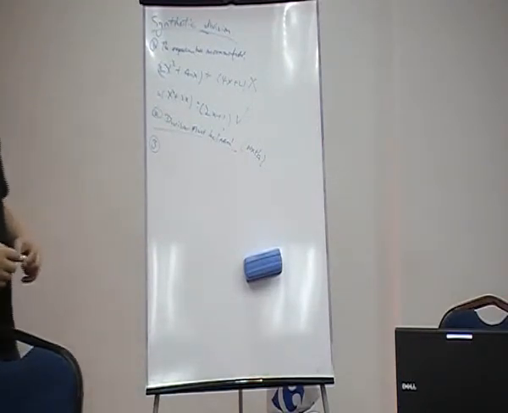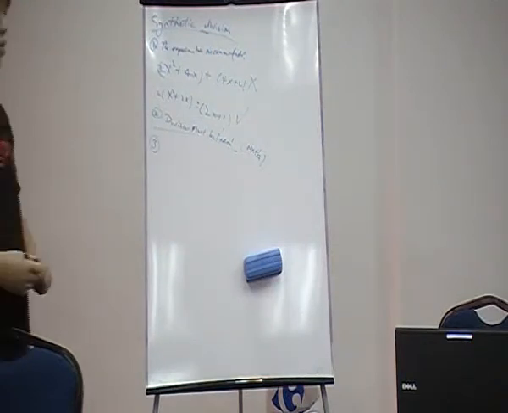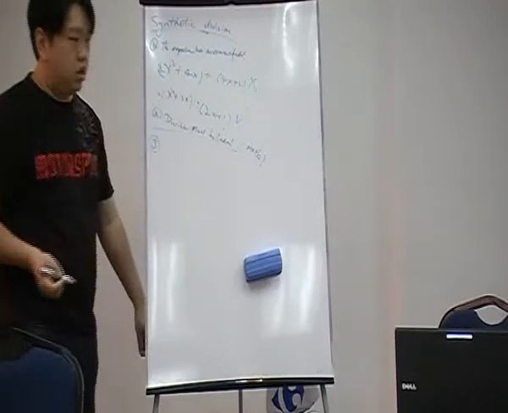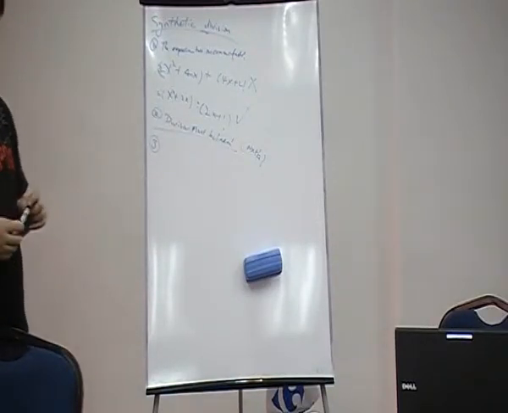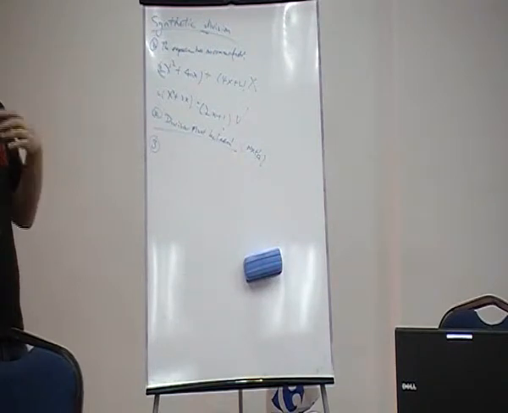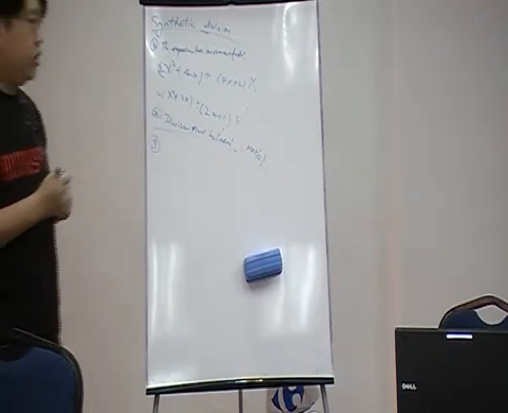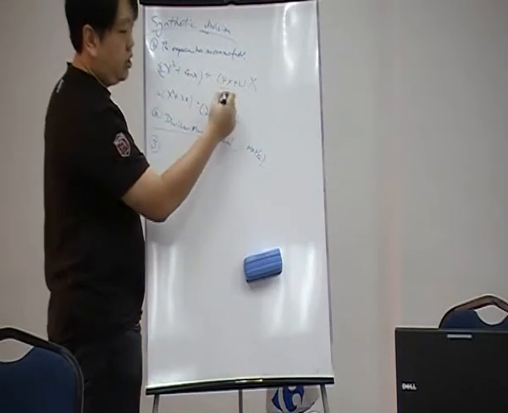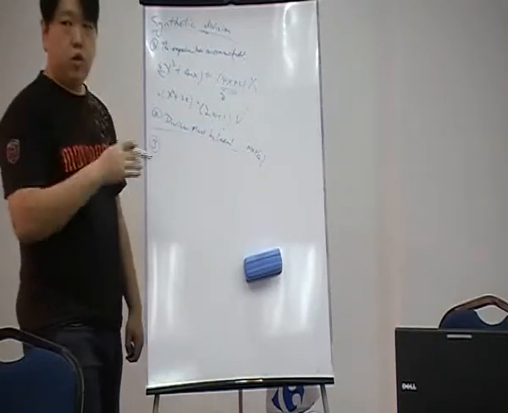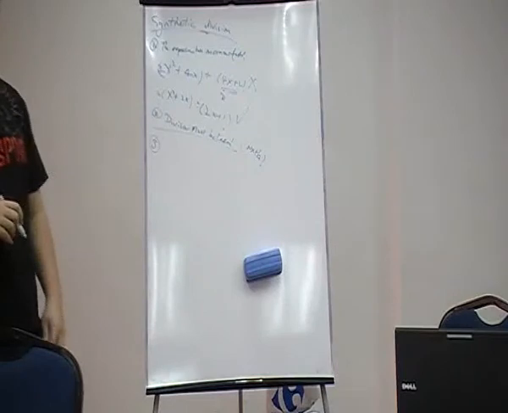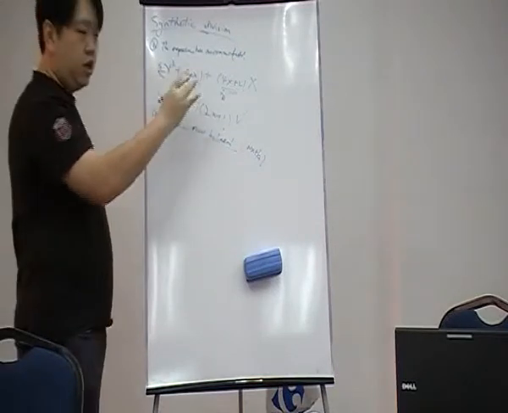Okay, this is the divisor, right? This can only be in the form of x plus b. Cannot be x squared, cannot have anything square and cube.